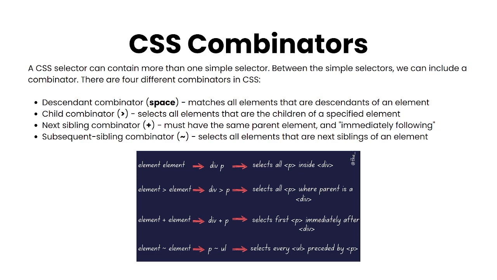Then you have the child combinator, which selects all elements that are children of specified elements. Then you have the next sibling combinator, which must have the same parent element and immediately follow. And then you have the subsequent sibling combinator, which selects all elements that are next siblings of an element.